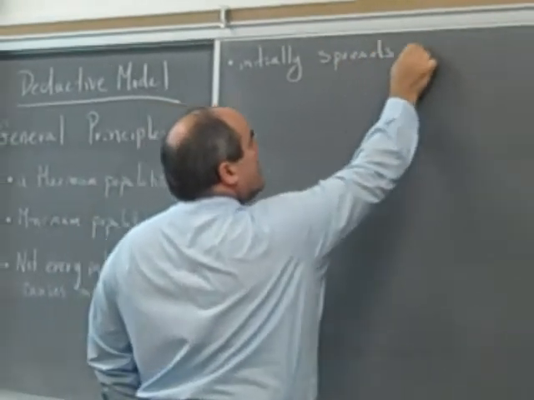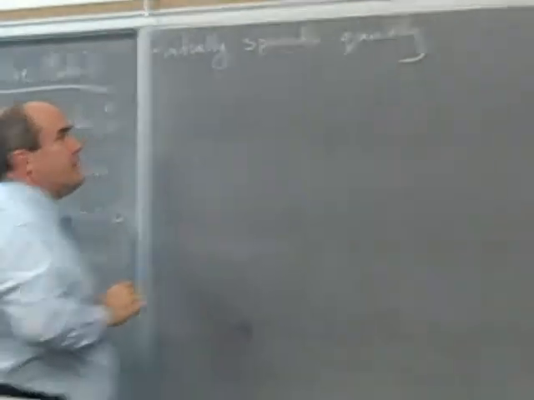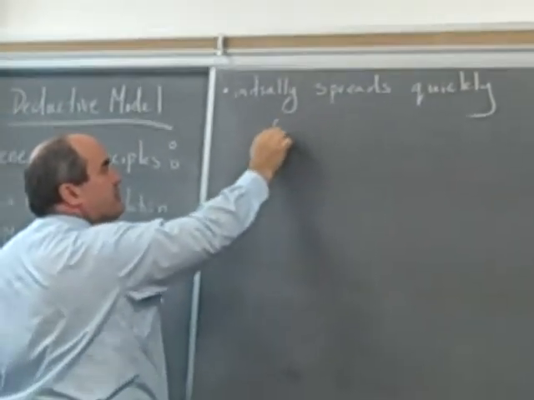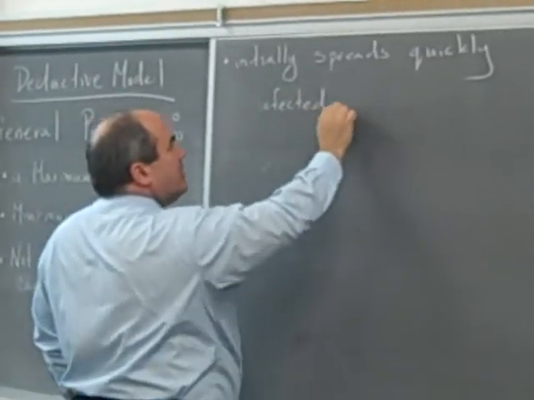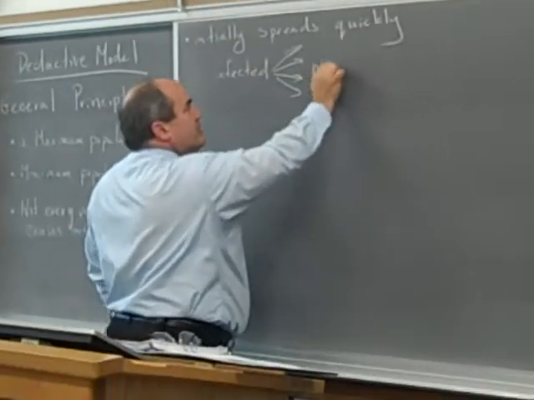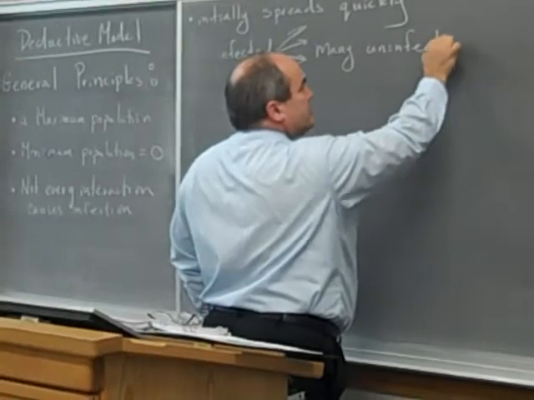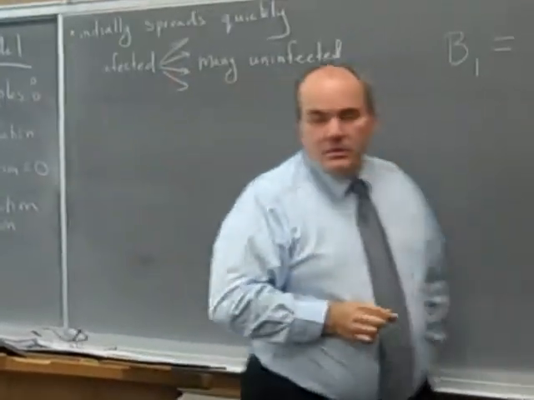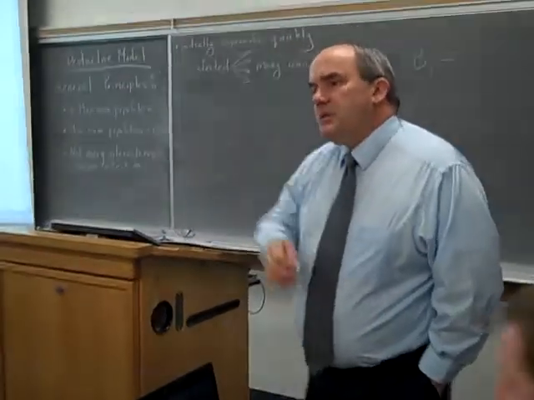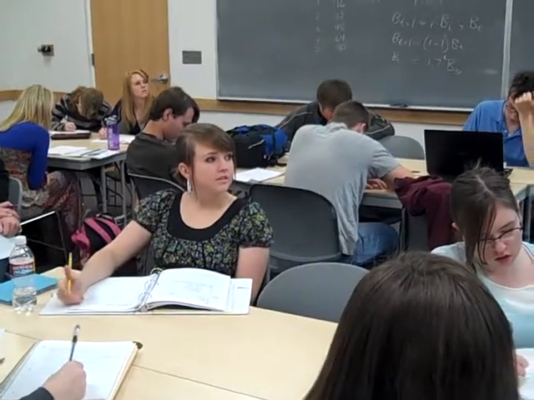The idea here is that basically your infected person spreads it to the many uninfected individuals that are around. Good. It'll probably be more like exponential than linear.